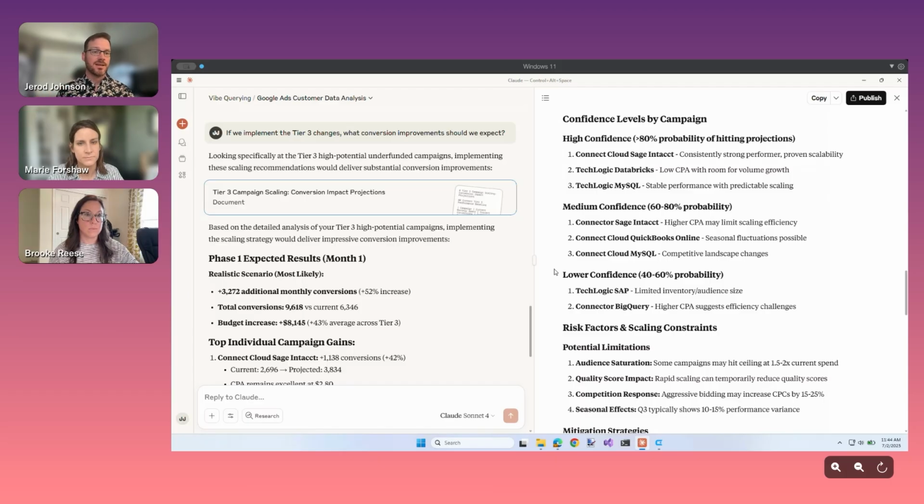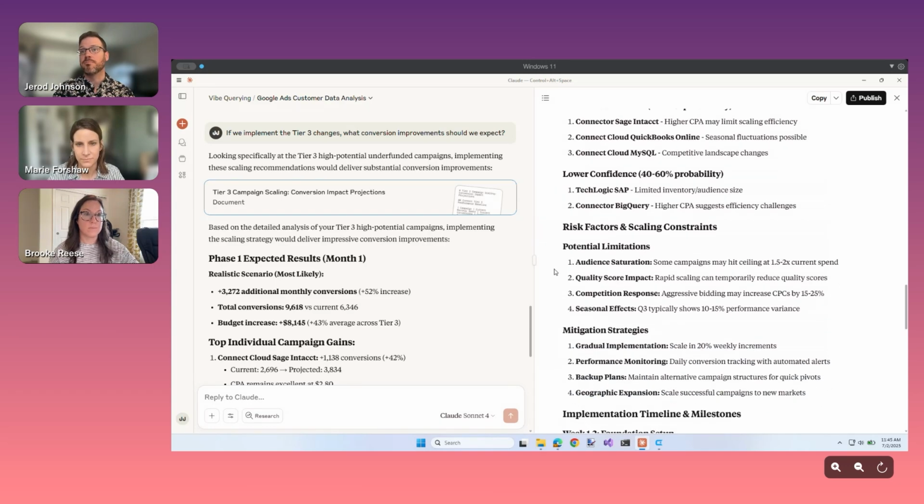And so now it's making all of those recommendations, like Marie said, on real world data. So it's not generic best practices because it's an LLM with a huge training set that understands AdWords and return on spend and cost per acquisition. Now it can laser focus on specific recommendations for your specific job, which is really cool.